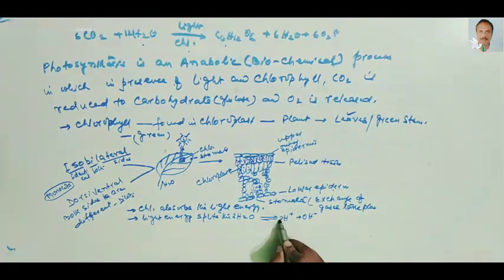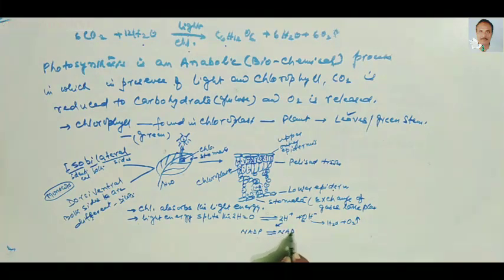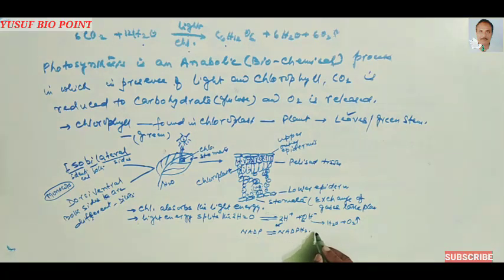This leaves 2 hydrogen ions and 2 OH ions. Understand? Now these OH ions change into H2 plus O2. This O2 is eliminated. Understand? And this H is taken by NADP and changed to NADPH2, meaning this is the reduced form.